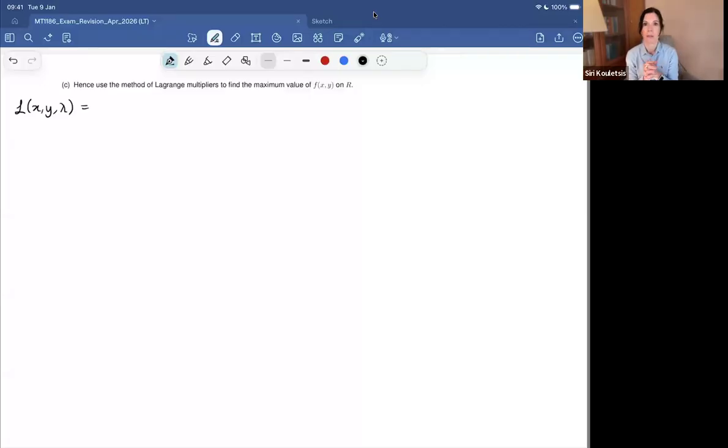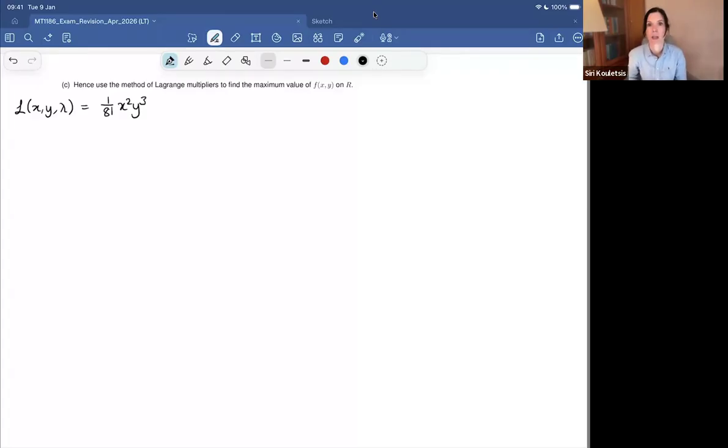And if you didn't remember how to set it up, well, then we're going to clarify that now. So the Lagrangian is a function of x, y, and lambda. We start by writing down the function we are optimizing. It doesn't matter if we are maximizing or minimizing.